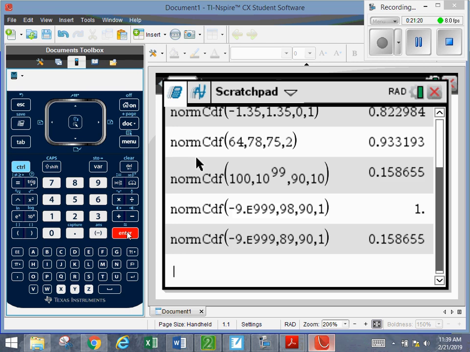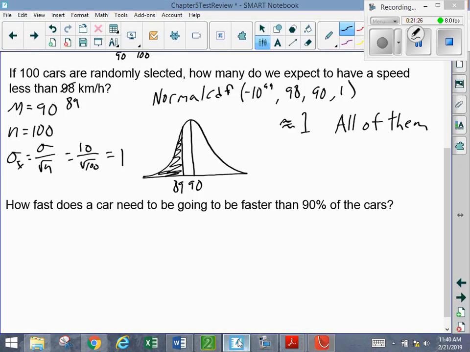Oh, it's not the same as probability of 90. So if we did 89 instead, we would get approximately 0.159. Okay.